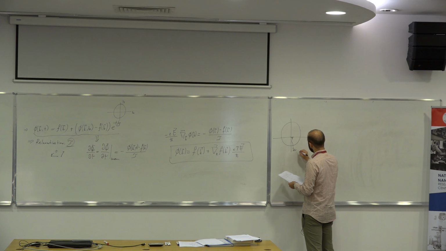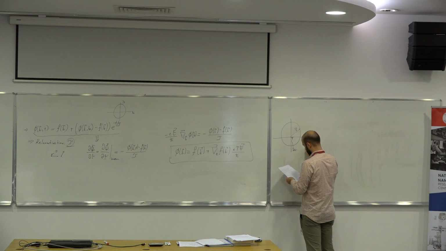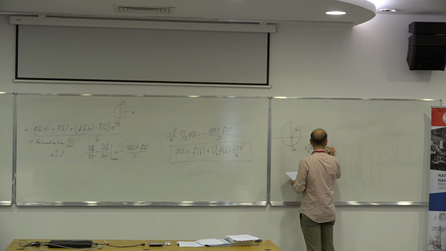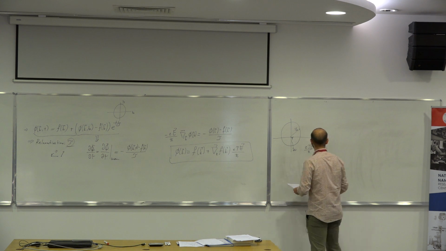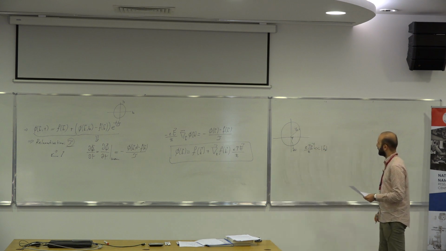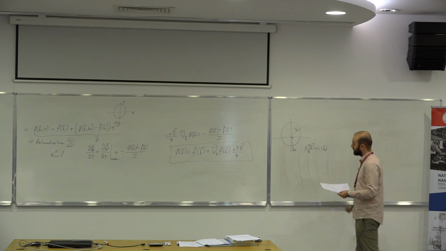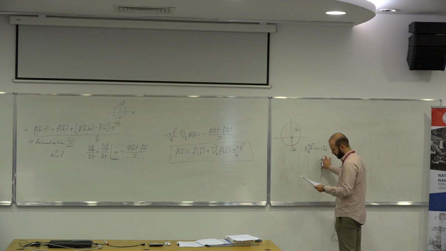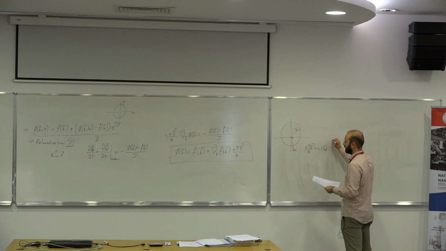So this displacement should be much smaller than my k vector, that is, the kF vector. So E tau E over h bar should be, I should say, much smaller than kF.